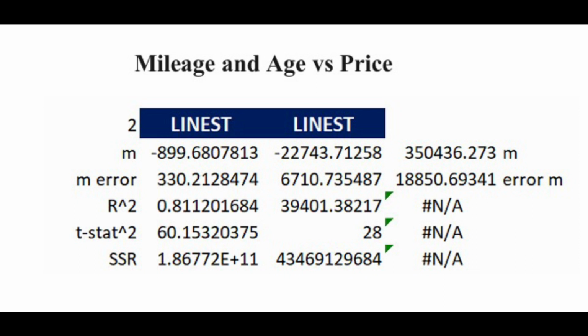This value represents an important percentage of the variability in the sale price of the used Camaro cars, specifically 81.12%, taking into account the factors of age and mileage combined.